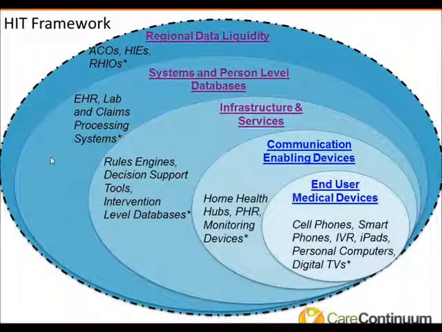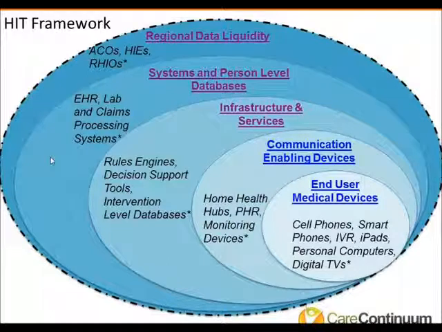So you'll see that the outermost bubble is a dotted line. And that's because we do see this as evolving rather quickly, given what's going on with the health information exchanges, the RHIOs, and the likely development of the ACOs, the shared savings regulations and programs that we're expecting very soon.